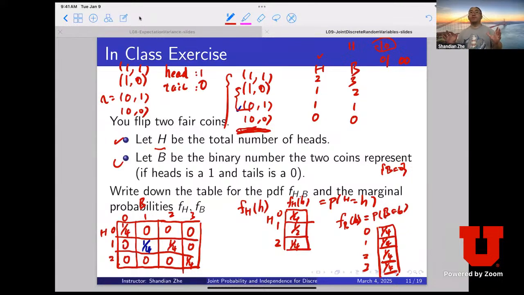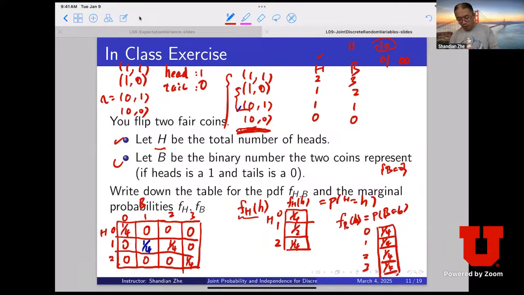Okay, so now we just used the problem itself and the definition to calculate the joint PDF and the marginal PDF for each single variable. So now let us check whether they match each other. As we mentioned, if we want to get the marginal probability density function for one variable, you sum the joint density function over the other variable.